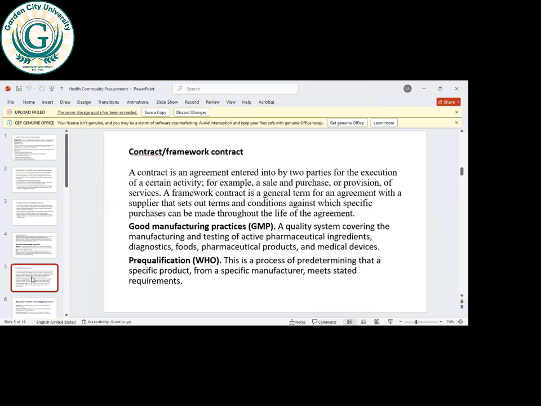When you select a supplier, you need to give them a contract, and the contract will indicate all the do's and the don'ts, that is the terms and conditions, the do's and the don'ts of both parties. It will also set out the conditions under which the contract can be terminated or repudiated. So the contract is very, very important.